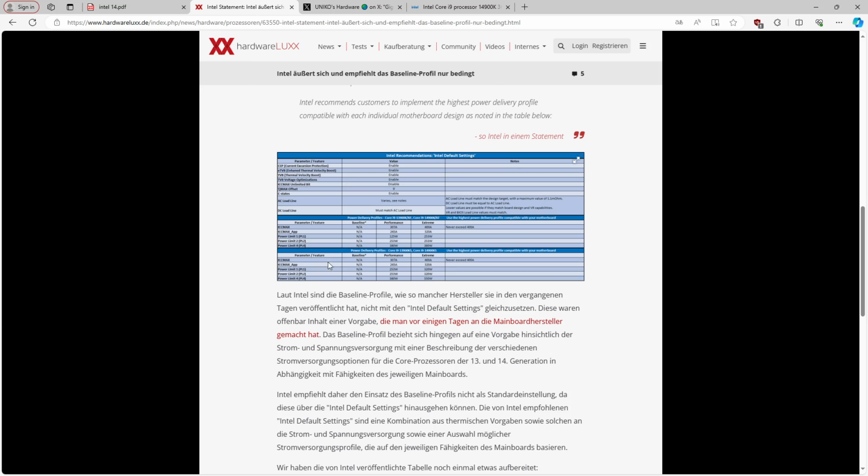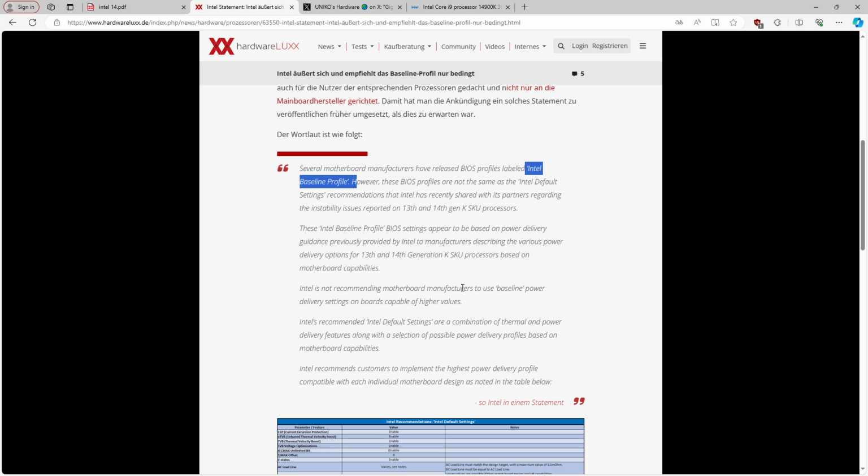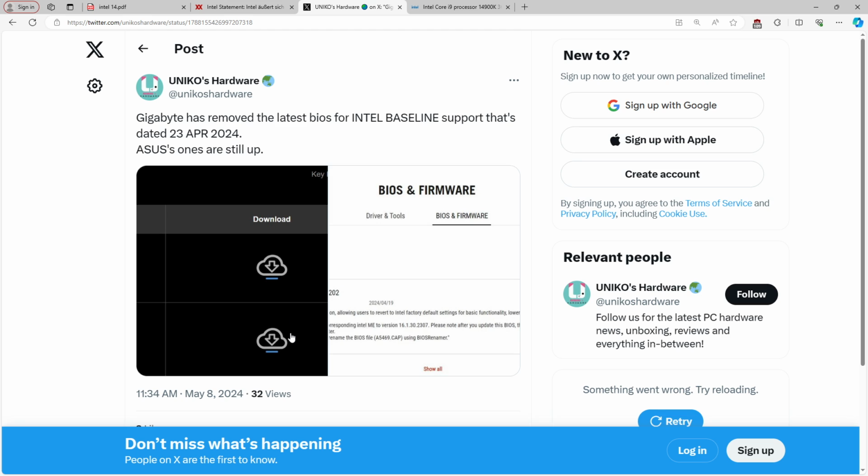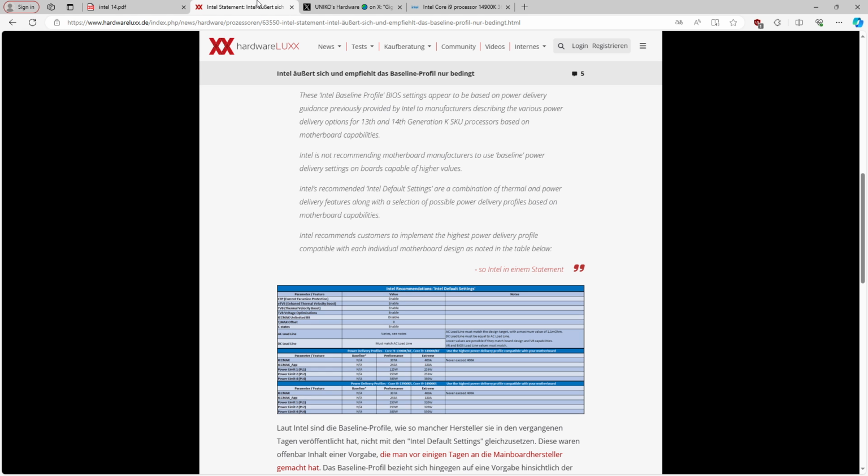Now that Intel has released this statement, basically reiterating that you shouldn't be using more than 1.1 milliohms of load line for your high-end CPUs, Gigabyte has taken the BIOSes down, whereas Asus just defaults to the 1.1 milliohm load line, which is kind of against the Intel recommendations, but the Asus configuration isn't above the maximum load line that Intel recommends.